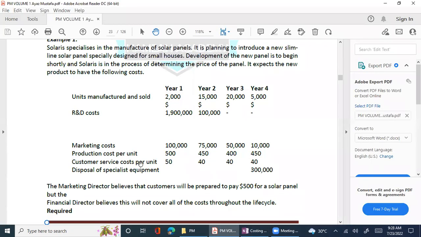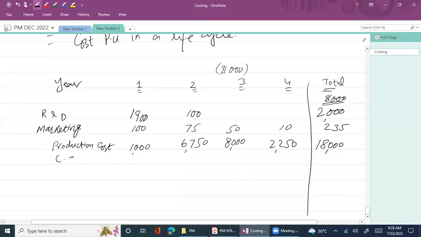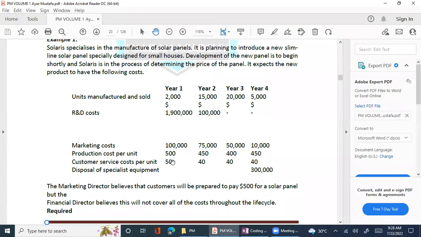Then customer services cost is also per unit. Customer services cost: 50 multiplied by 2000.